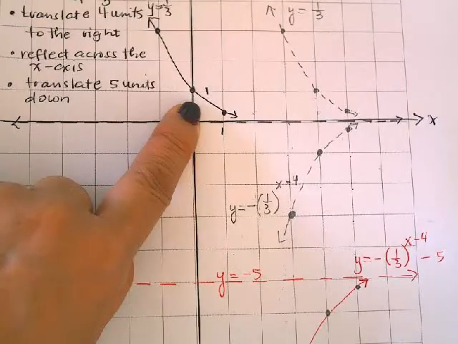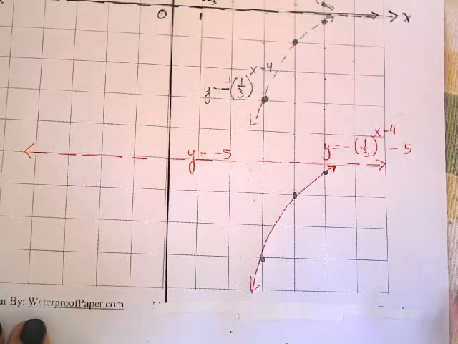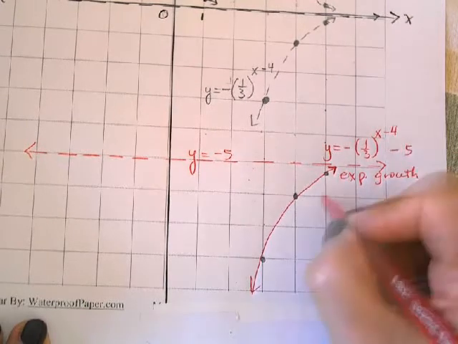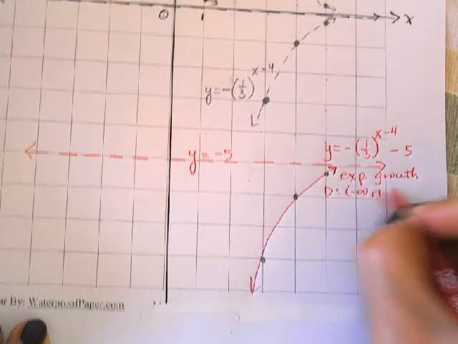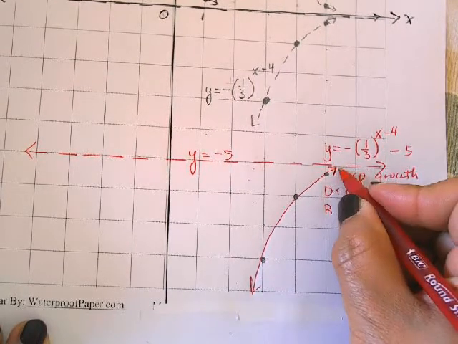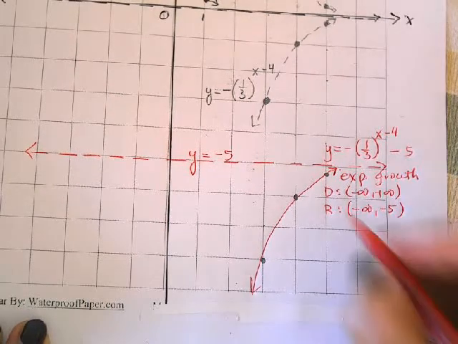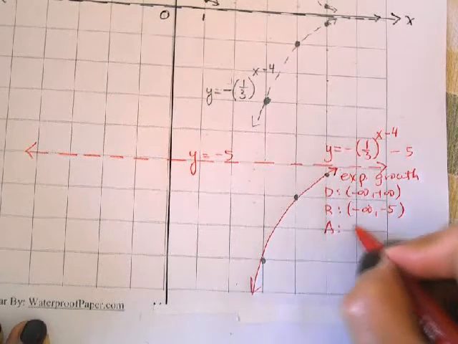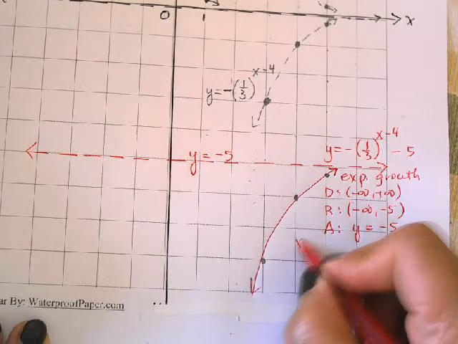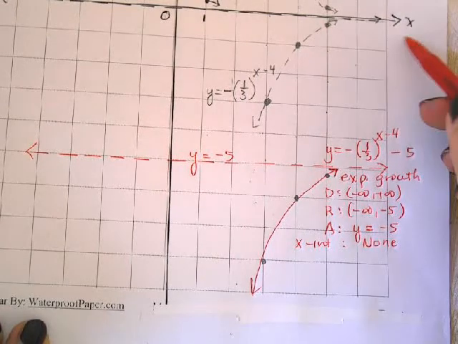We started with a decay, but then you reflected it, so it becomes growth. Our domain is all real numbers. Range is -infinity to -5. We stop at -5. And then we say that the asymptote is now the line y equals -5. Our x-intercept is none. We're not going to hit the x-axis here.